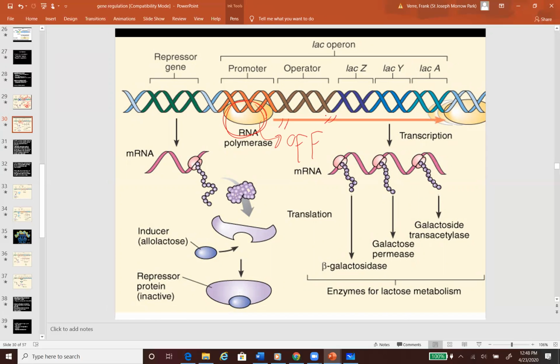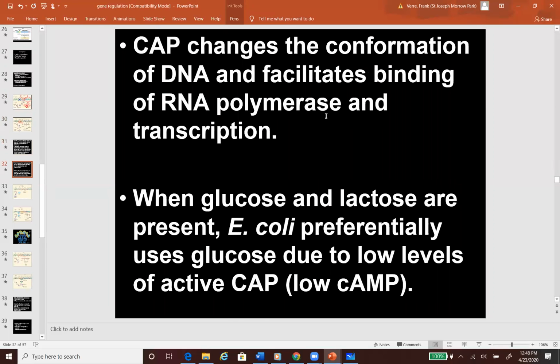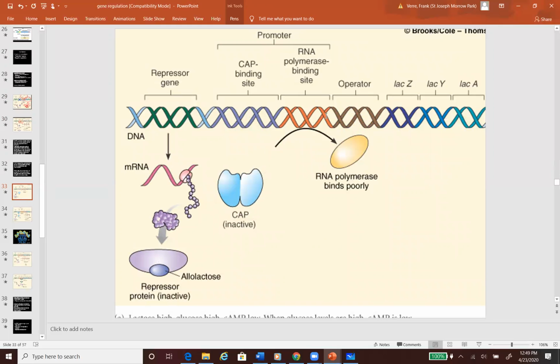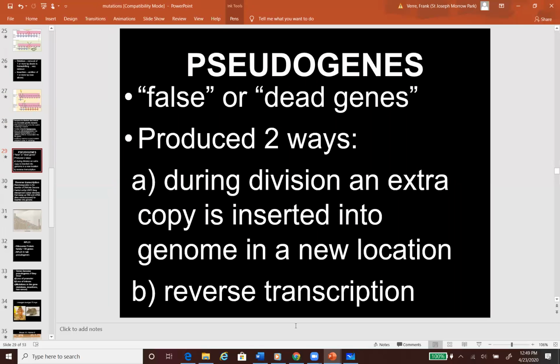So mistakes in the non-coding section, again, are going to affect whether or not the genes are being used. If a mistake kills the promoter region, what that could lead to is something called a dead gene, or what's called a pseudogene.